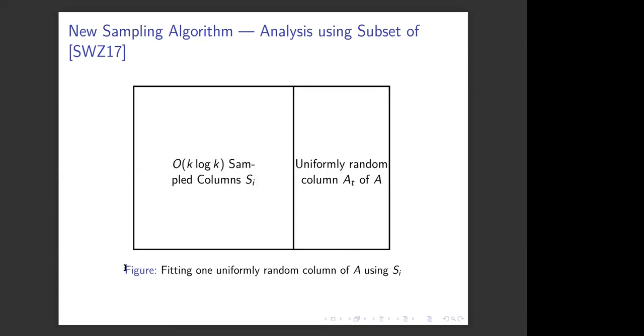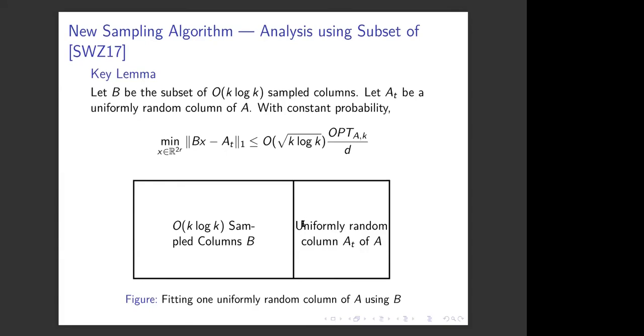So once you sample a uniformly random subset of columns and look at another uniformly random column of the original matrix, this big matrix has a subset of size O of k log k, which spans an O of square root k log k approximation to the optimum on this matrix.